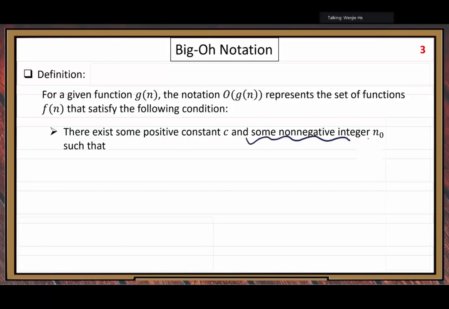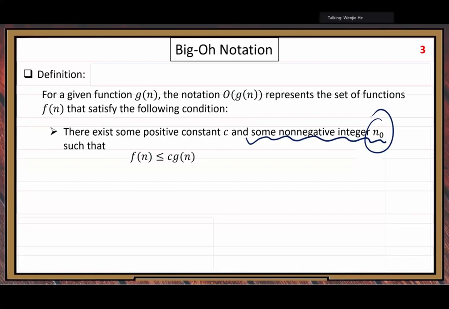Why non-negative? I will explain that. This condition is very special. Here you can see the constant C and some non-negative integer constant n0, such that the inequality holds.